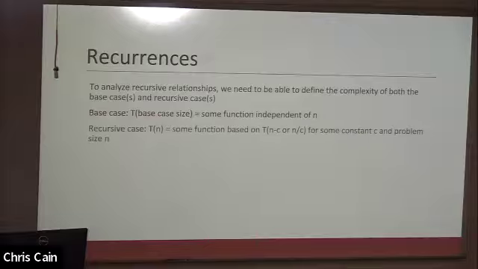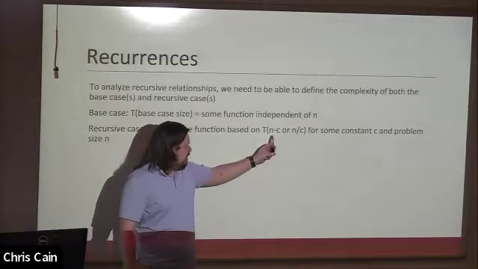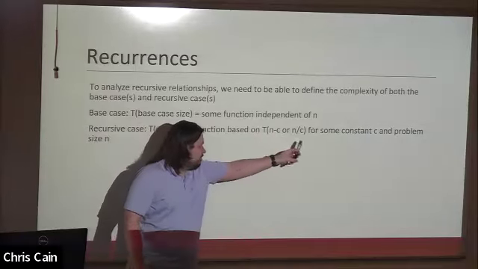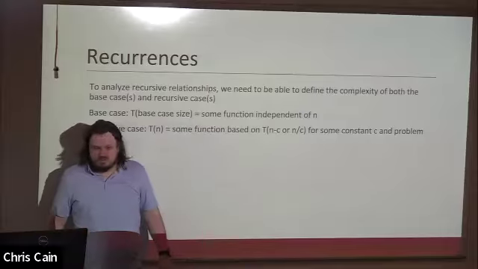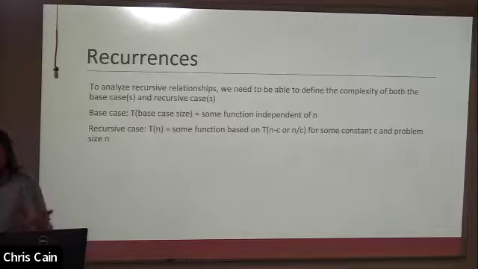The recursive case, on the other hand, will depend on the size of the problem. So we will get some function, usually based on n minus c or n divided by c, where c is some constant, where now we have a linearly smaller problem or proportionally smaller problem. So merge sort belongs to the n over c because we're going to divide the problem into twice as many problems of half the size.